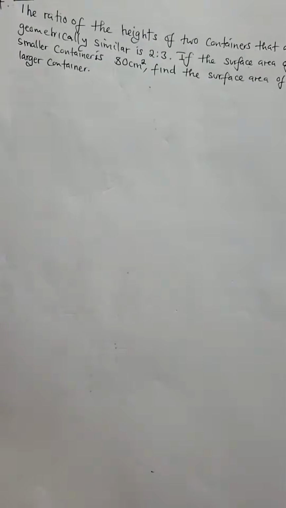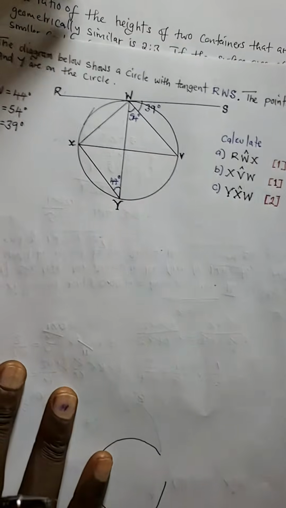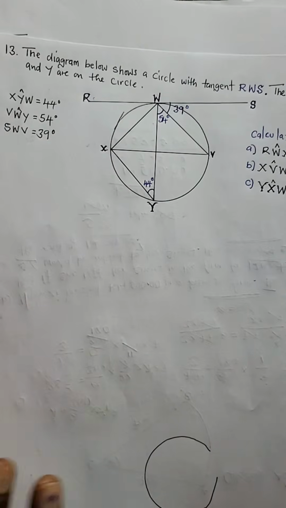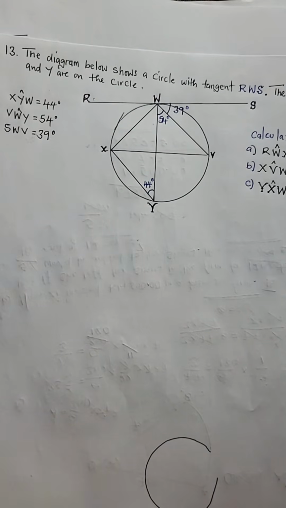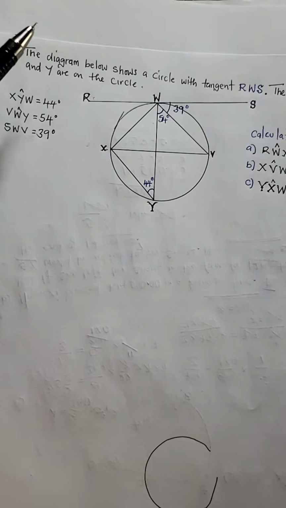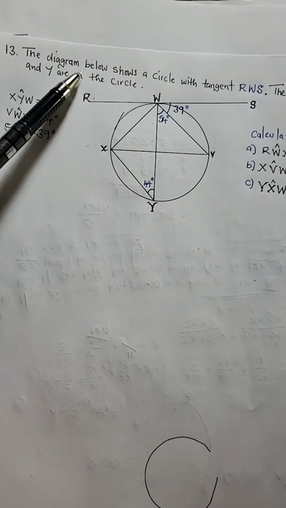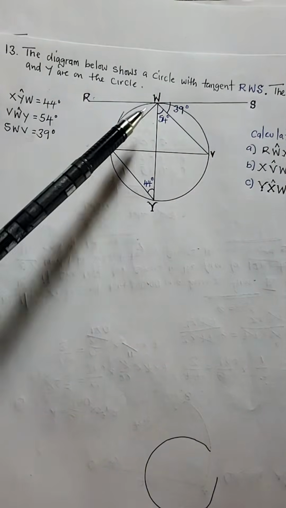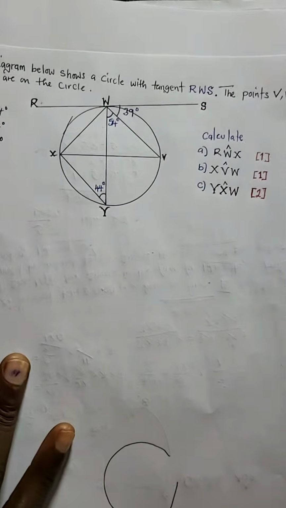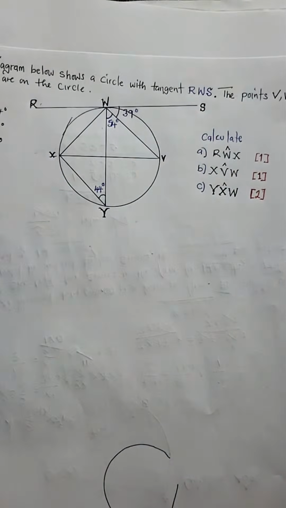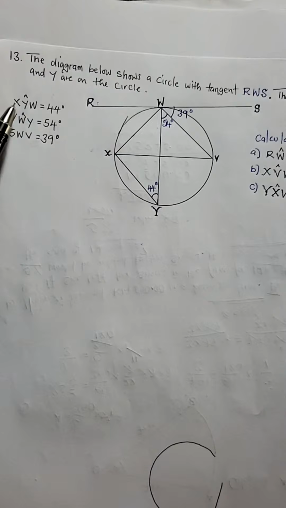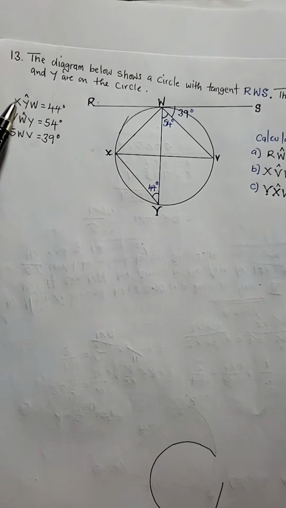Question 13 is circle theorems. The question is saying the diagram below shows a circle with tangent RWS, where you can see the points V, W, X and Y are on the circle, such that angle XYW is 44 degrees.